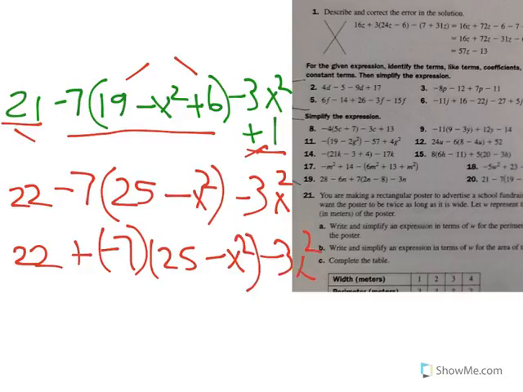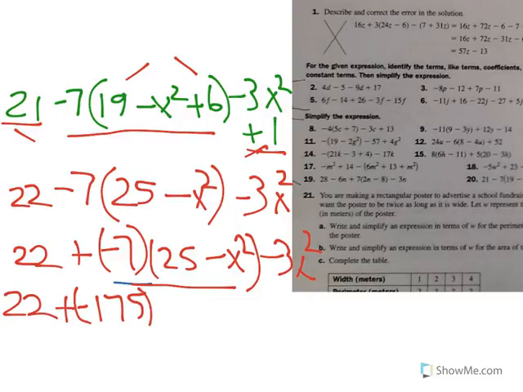So I just rewrote that out to show you how this part here is just like multiplying by a negative number. So now let's do that. 22 plus this, now I can work on this portion here. So 22 plus negative 7 times 25, it's going to be a negative answer. So 25 times 7 is going to be 175. That's going to be negative 175.